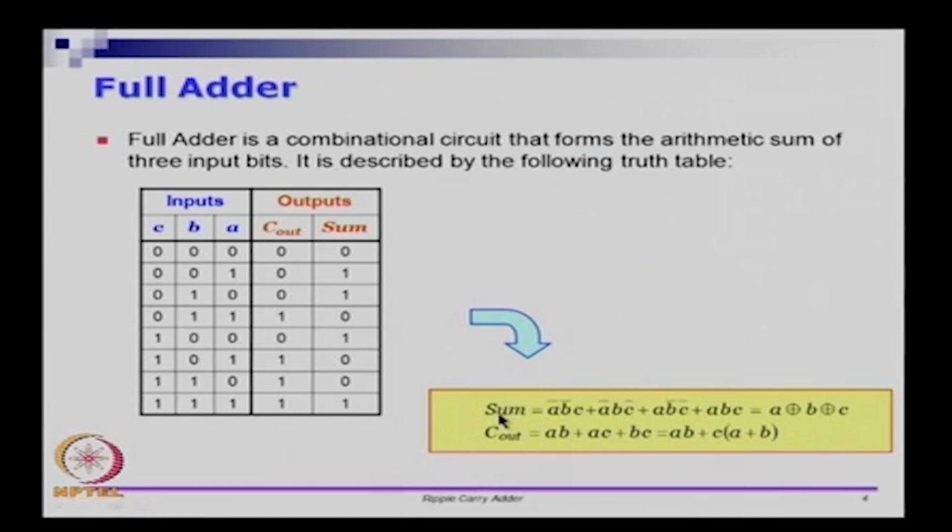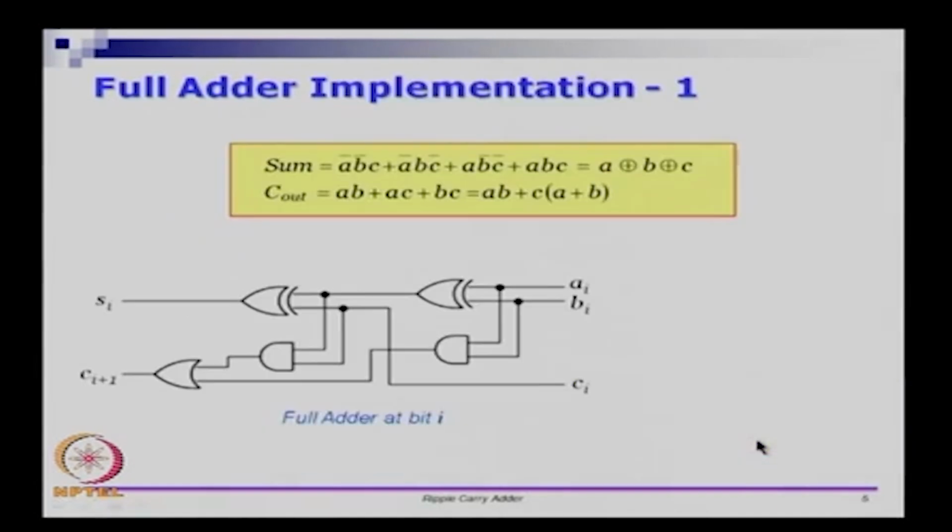You can do a slight simplification here: AB plus AC plus BC is the same as AB plus C times (A plus B). So, one implementation of the full adder is directly taking this and implementing it like before.